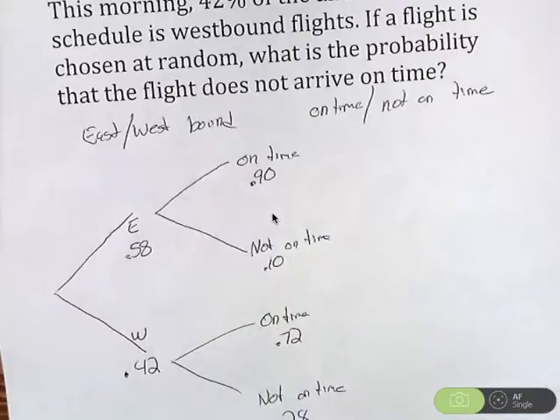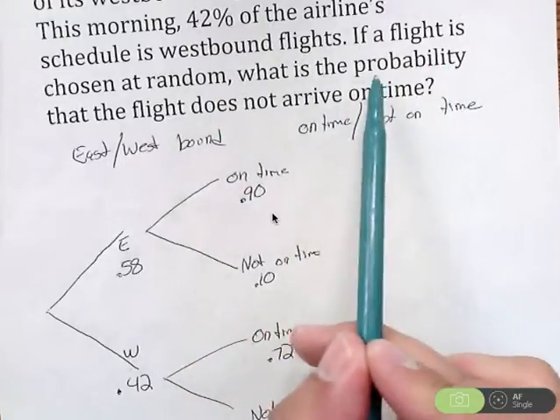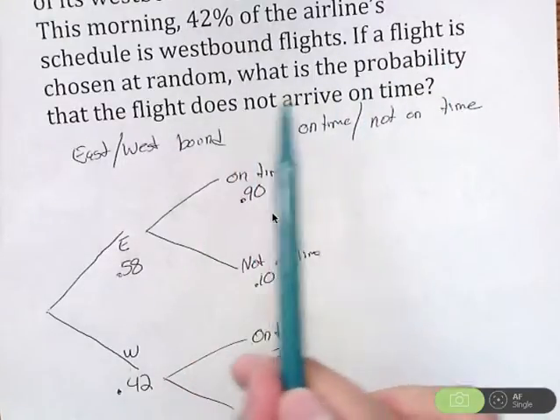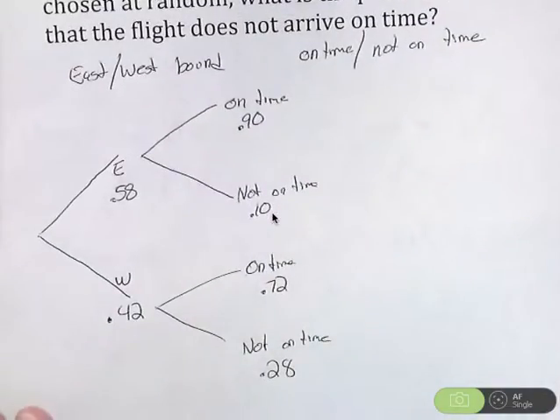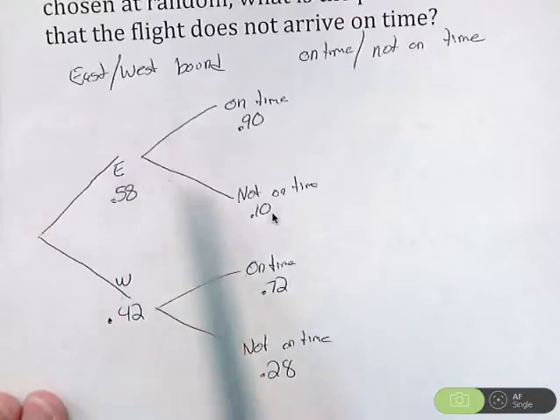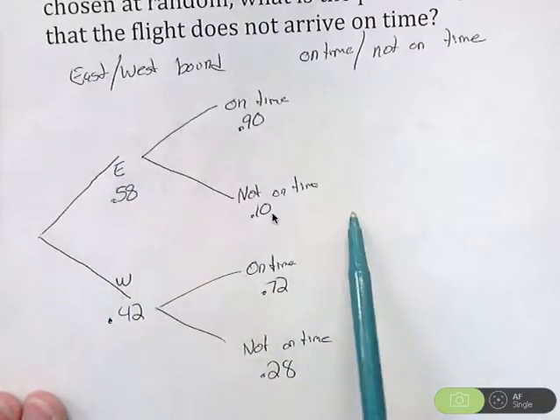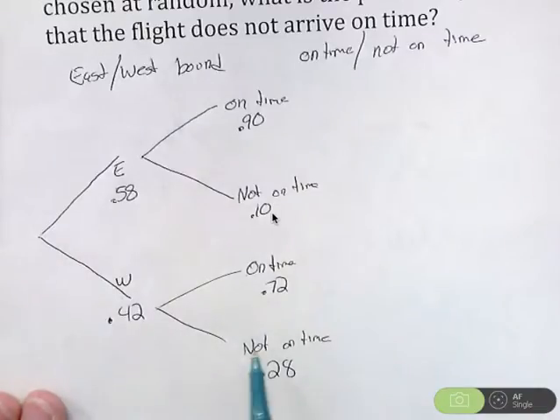Here's what we need to find though. It says if a flight is chosen at random, what is the probability that the flight does not arrive on time? How many different ways can that happen? You could be eastbound and not on time, and you could be westbound and not on time. So we need to find this branch and that branch.